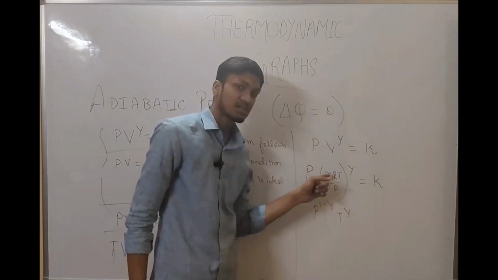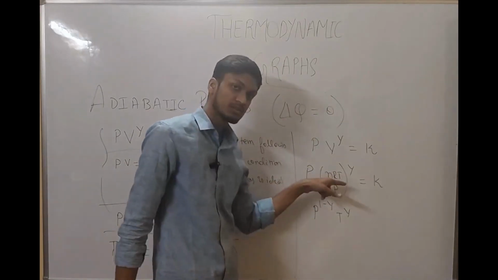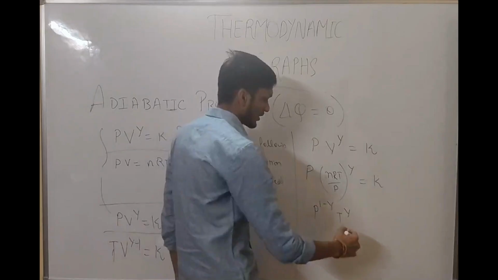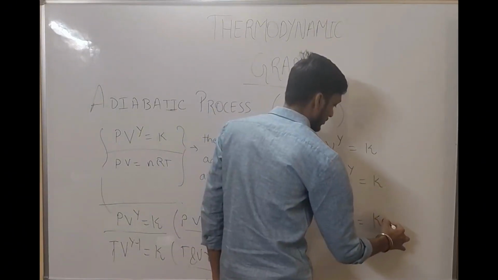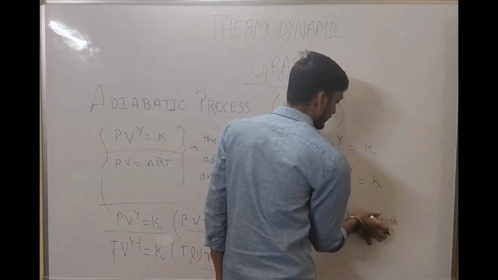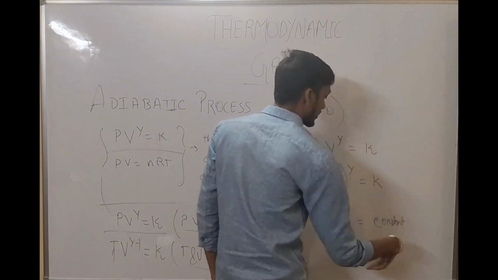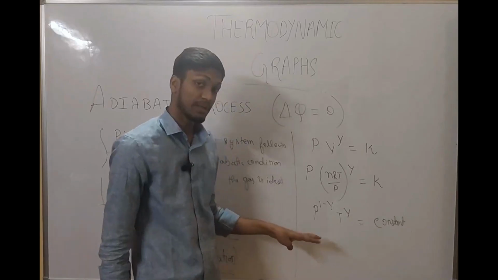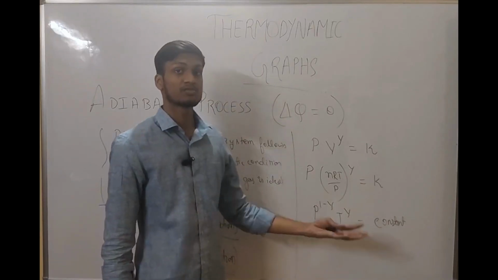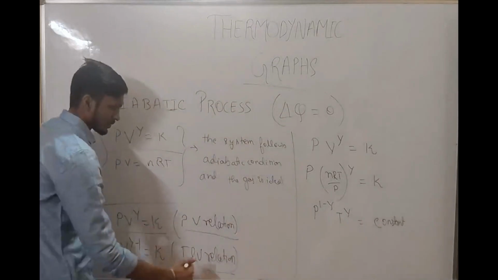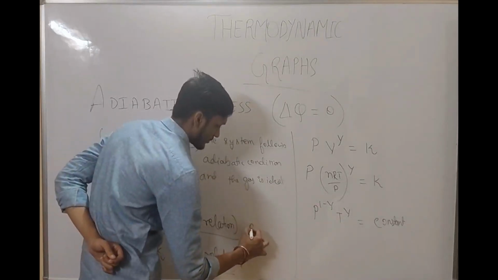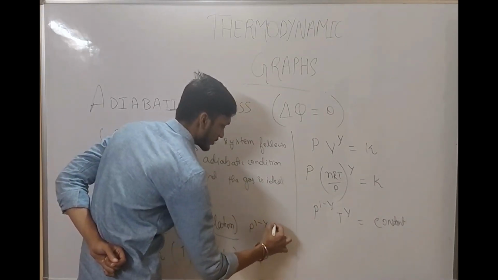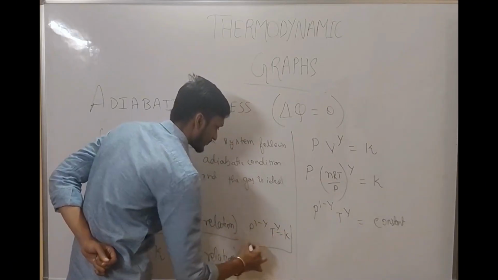Whatever the nR term was, it is constant, so it can be put on the right hand side, giving a relation between pressure and temperature: P to the power 1 minus gamma into T to the power gamma is equal to constant.